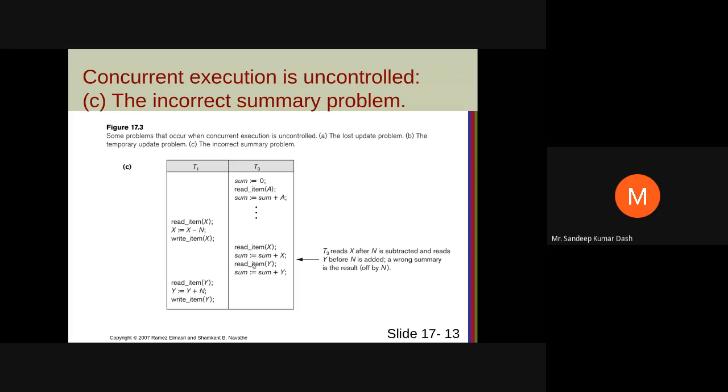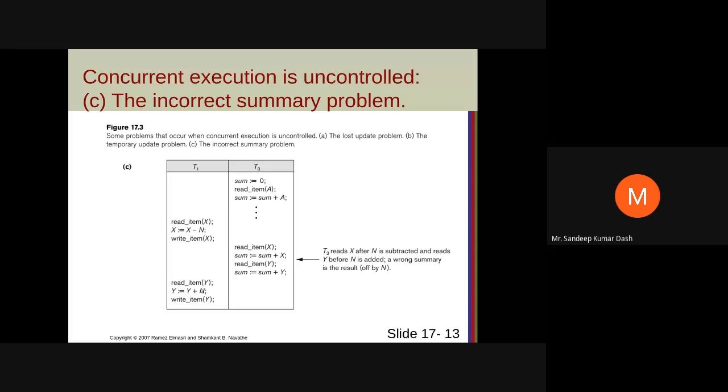Fine. But in this case, you have deducted n, but that n has not been added yet onto y. In the middle you deducted 5 from x, that's fine, but if it would have been y plus 5, then this would have been a correct summary.